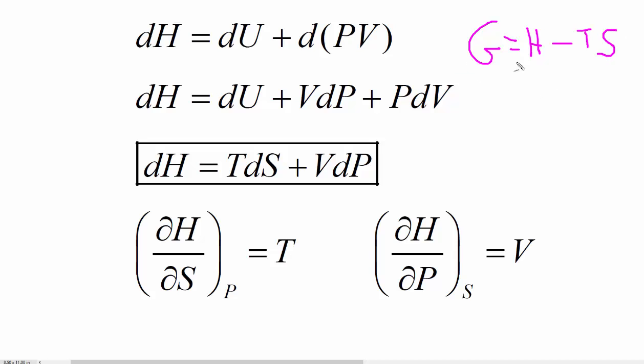Because delta G is equal to delta H minus T delta S, so we can write that G is H minus TS. Starting from that point, see if you can do some algebra like this and derive what are the natural variables of Gibbs free energy and write the expressions for the partials. Pause the video and give yourself a second to do that. Come back and check your work.